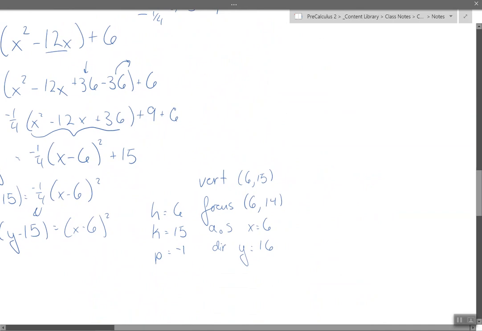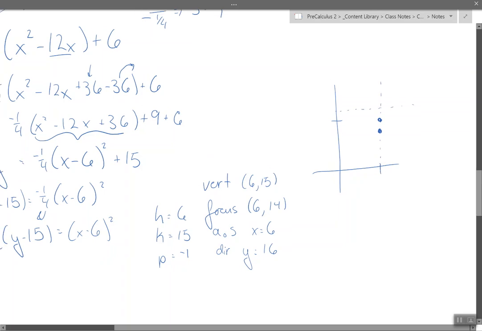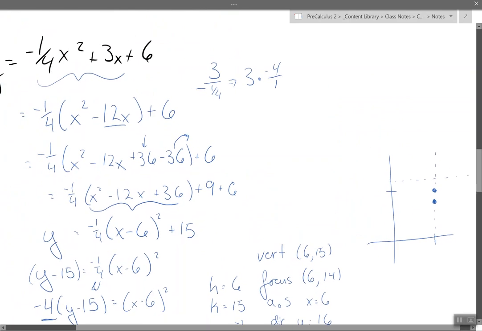So there's everything we need really quickly. I'm not going to get exact with it, but (6, 15) is there. (6, 14) is here. The directrix is at 16, so we'll call that here. The axis of symmetry is here. This one should be open downwards, and we can actually get that from the very original equation.